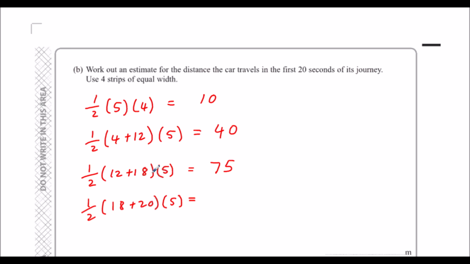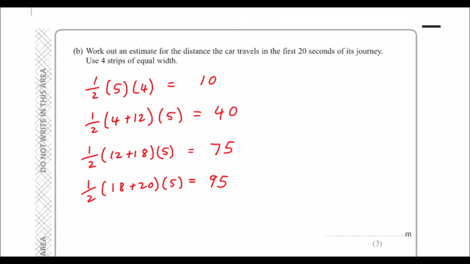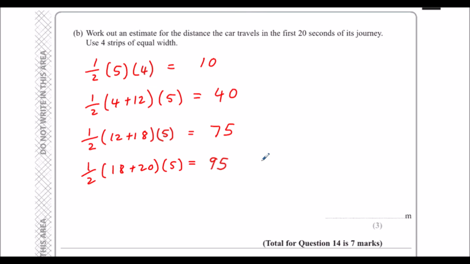And 19 times 5 is 95. So we're going to add these up. 95 and 75 are 170. Plus on 50 is 220. This is a calculator paper, so you can use the calculator to do all of those sums.